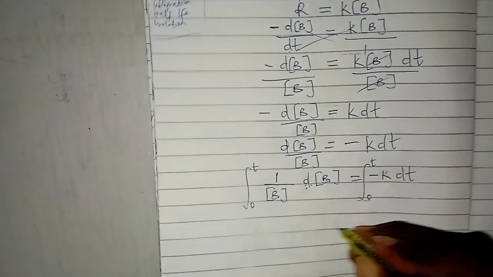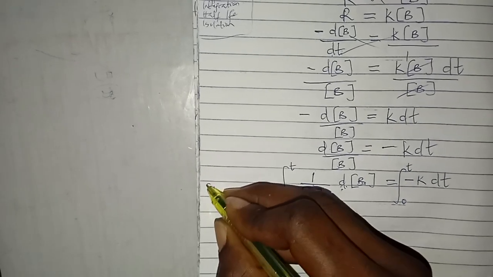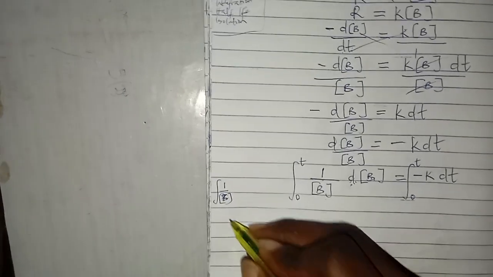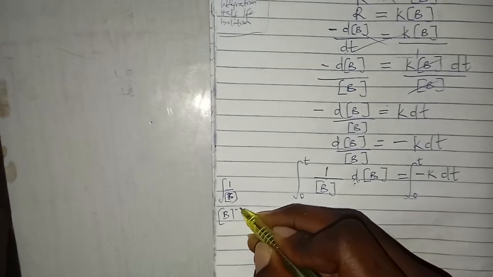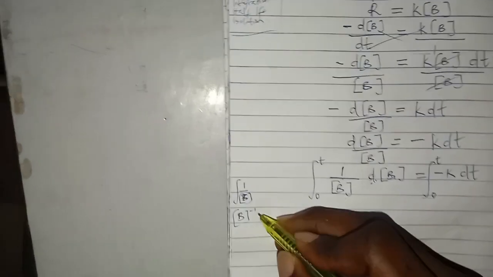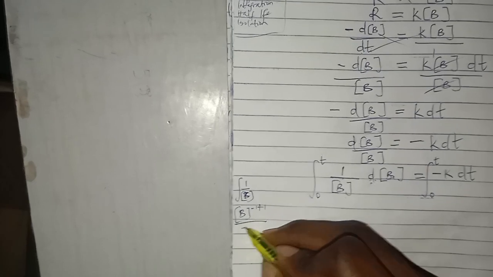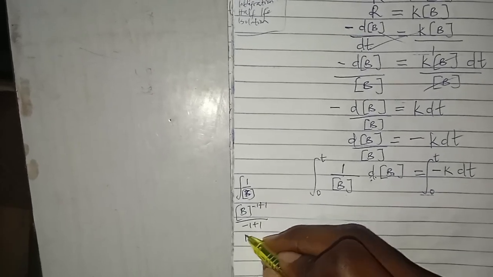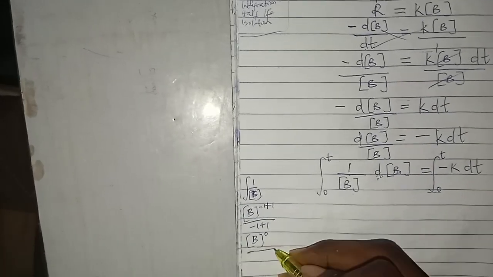If I have, for example, 1 over X and I'm integrating it, let me use B here. This is the same as saying B raised to power minus 1. Then integration says add 1 to the power, then divide by the new power, minus 1 plus 1. Notice that what I have here is concentration of B raised to power 0, all over 0.